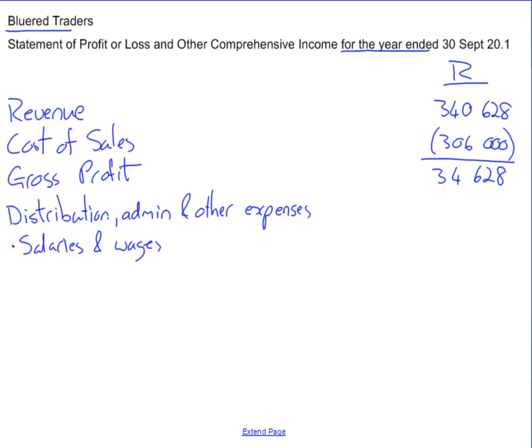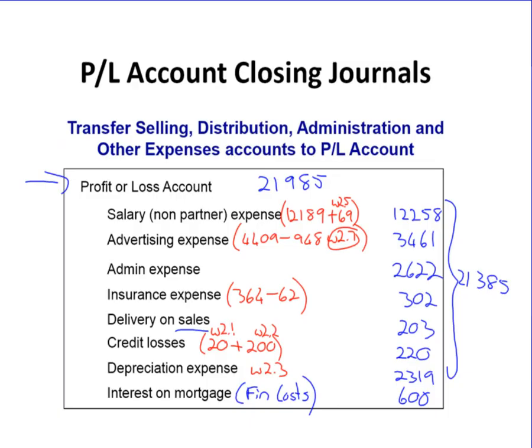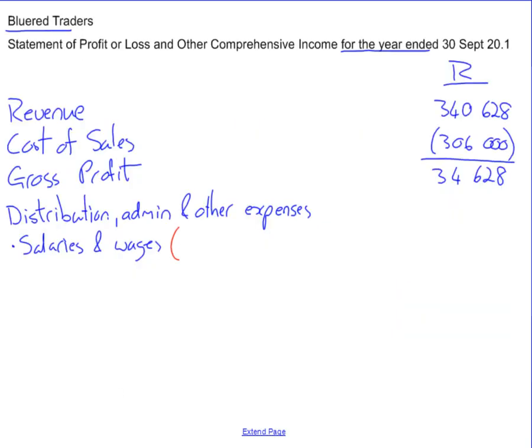So salaries and wages, we did this, and I could do the calculations right here. Yes, we've done them previously in our journals, haven't we? There it is, salaries, 12258. But I could have just done that same working straight into here. So that would be the 12189 plus 69. And that gives me a, I'm going to do a slightly off center just so I can do the workings easier. And that was 12258.